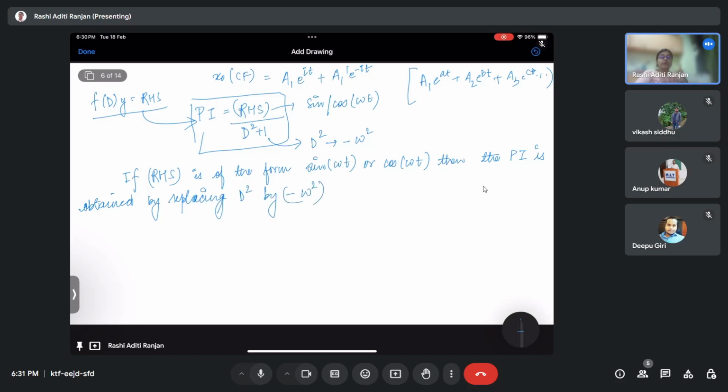Keep it very clear: d square is replaced by minus omega square. Minus is very important over here.